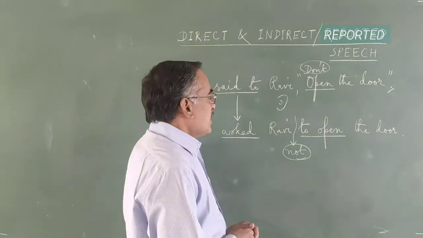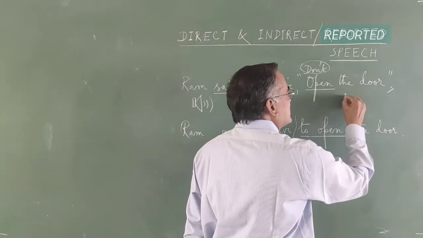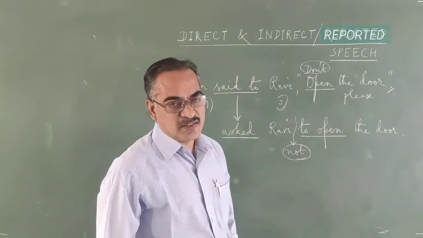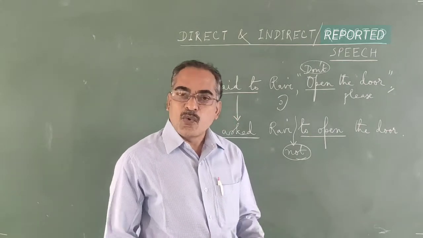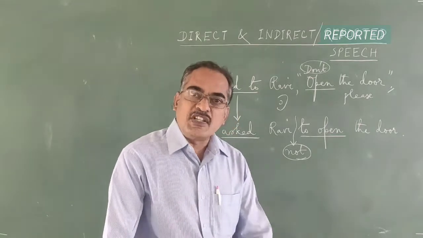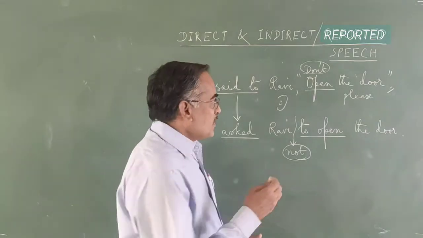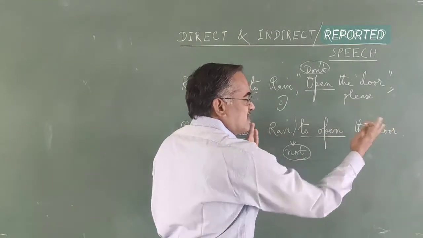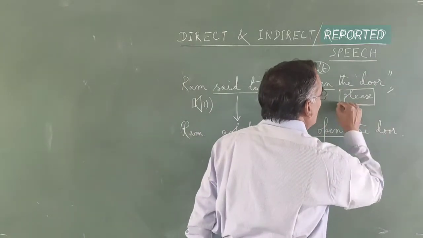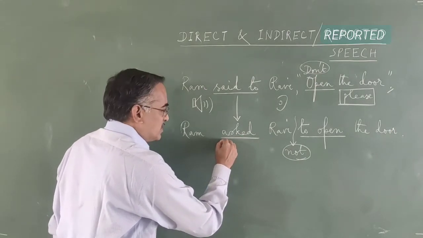Right. In case you find the word please somewhere in the sentence, it may be at the end of the sentence or at the beginning, like this: Please open the door, or open the door please, or please don't open the door, or don't open the door please. Whatever it is, the rest of the things remain as they are, but when you have the word please, the word ask is not used here.